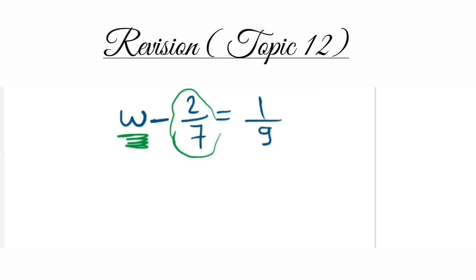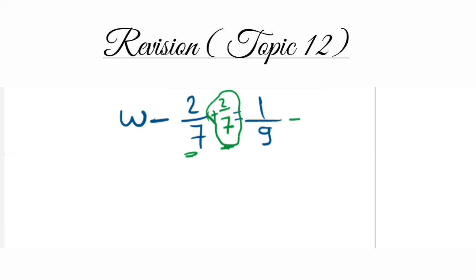We need to find the value of W, okay? To do this, we will add 2/7 to both sides. So I can remove minus and plus 2/7. And what we did here is add 2/7. We should do the same on the other side. So add 2/7 also.